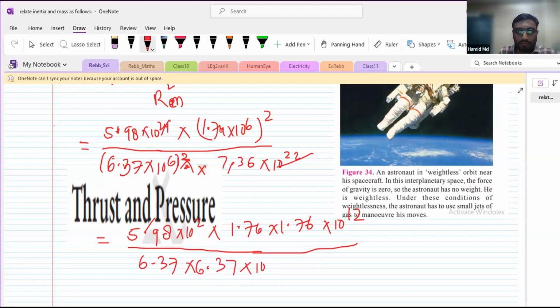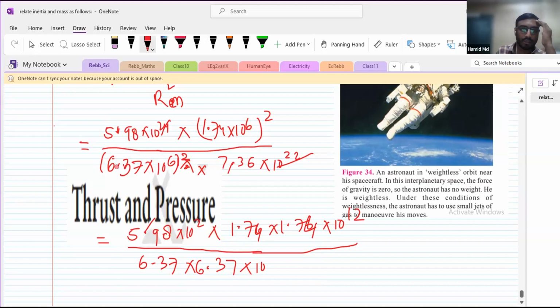This is 1.74. This is squared now, so we have written it twice. And this is 10 to the power 6, so we will write 10 to the 6 into 10 to the power 6, because the base is equal, so the exponents will be added.